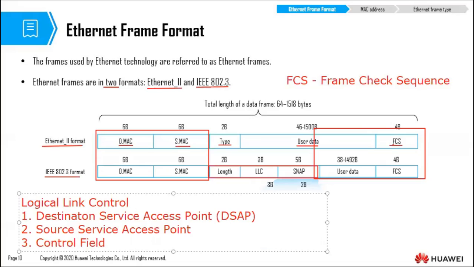DSAP is used in a similar way as the type field of the Ethernet 2 frame. So the destination service access point on the IEEE 802.3 is used to specify the next protocol. It can be IP, it can be ARP. So that is what it does.